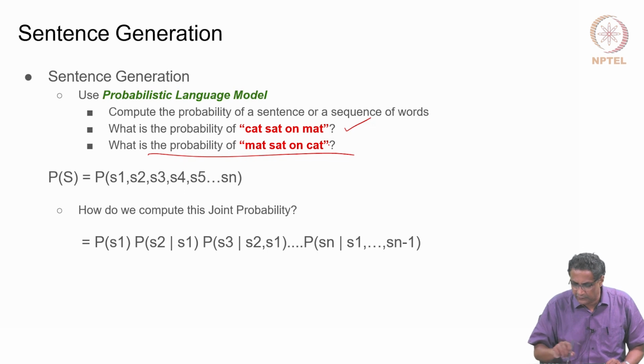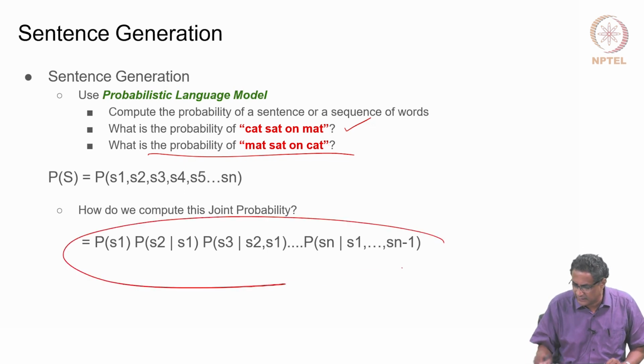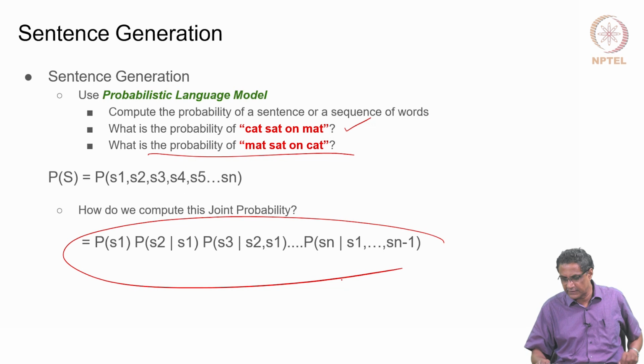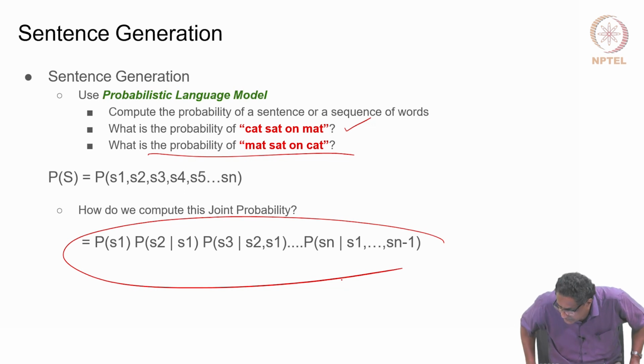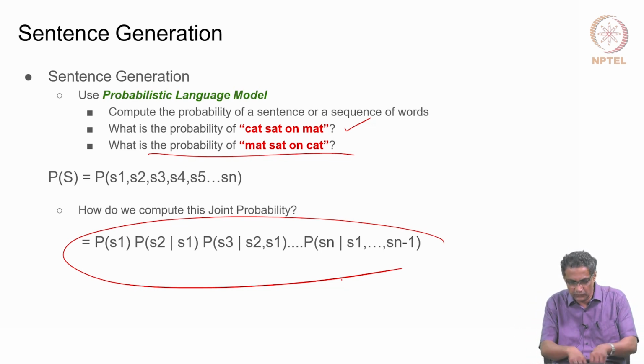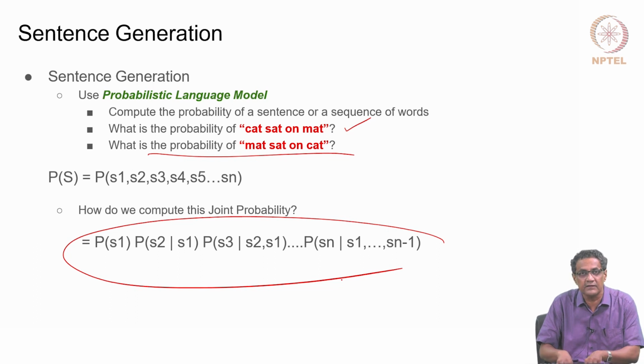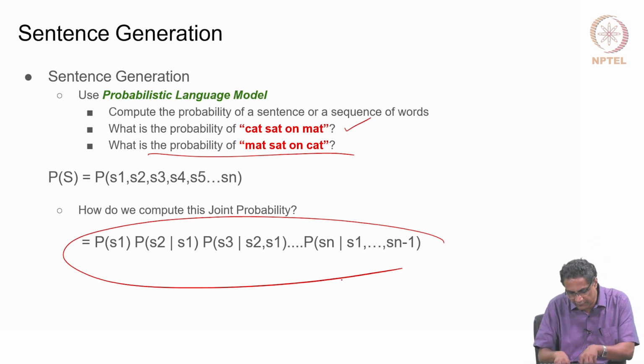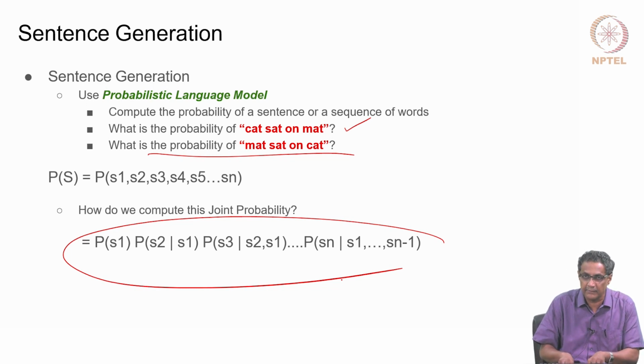So what you can do is arrive at a conditional representation, because you know that you have a causal nature here. After I produce the first word and pick the second word, the second word depends upon what came earlier. The third word depends upon the second word and the first word.